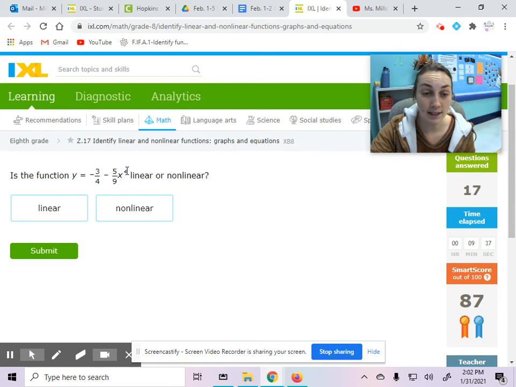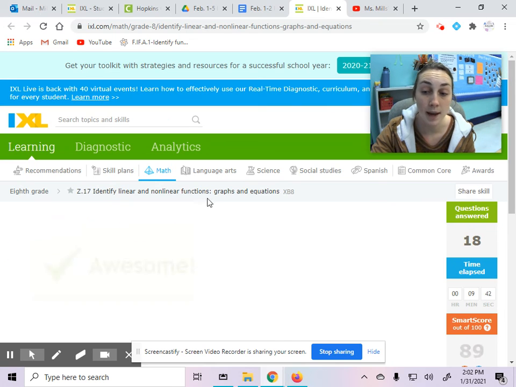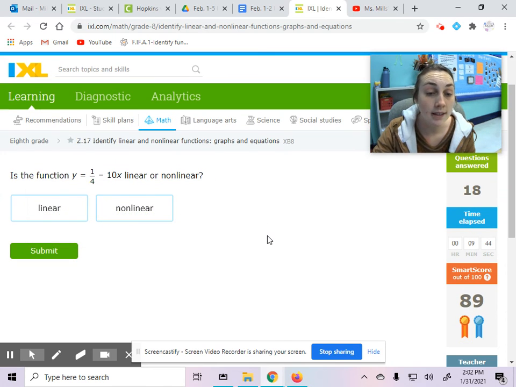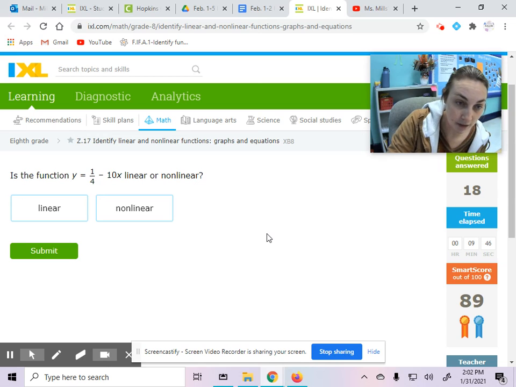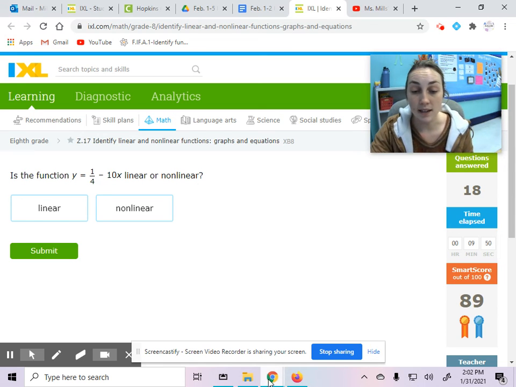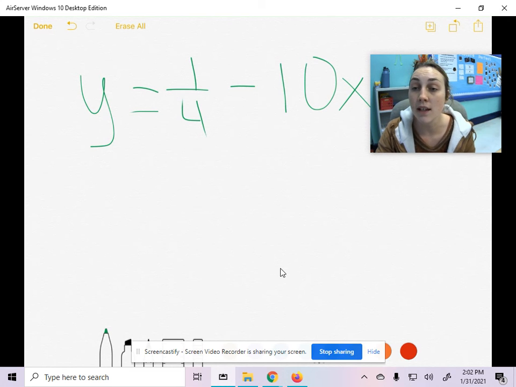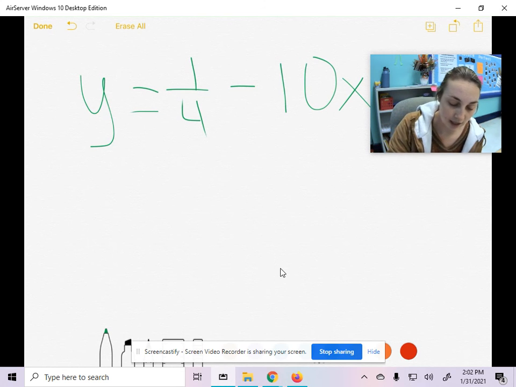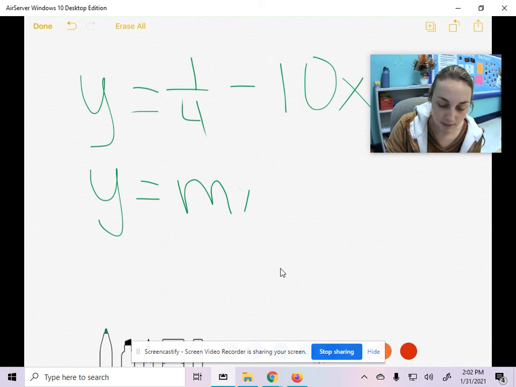Okay, we have a pesky little exponent there. If you see an exponent, no, it's not going to be linear. Never going to happen. And all right, so this is y equals 1/4 minus 10 to the x power. Again, this is one of those situations where it's not in its smallest form. It needs to be in y equals mx plus b.